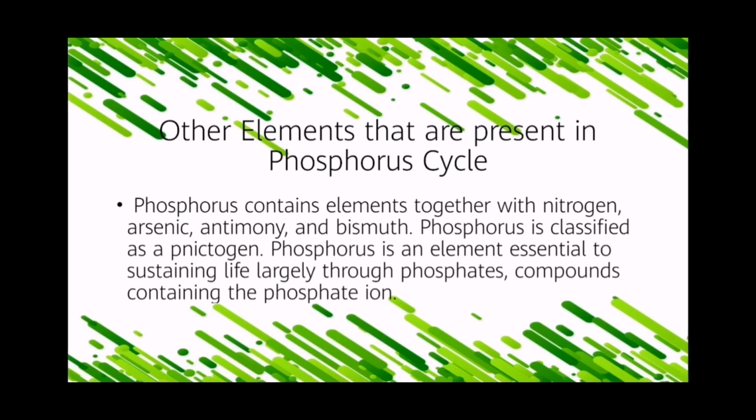Nitrogen is involved in the synthesis of nucleic acids and proteins, which are crucial for the transfer and utilization of phosphorus in organisms. Oxygen and hydrogen are components of water, which serves as a medium for the movement of phosphorus and other nutrients within ecosystems. These elements interact synergistically, playing roles in the biochemical transformations, transportation, and availability of phosphorus throughout the cycle.